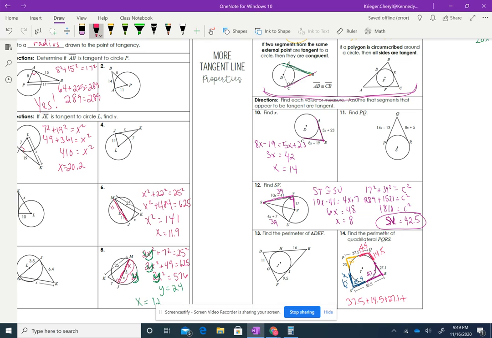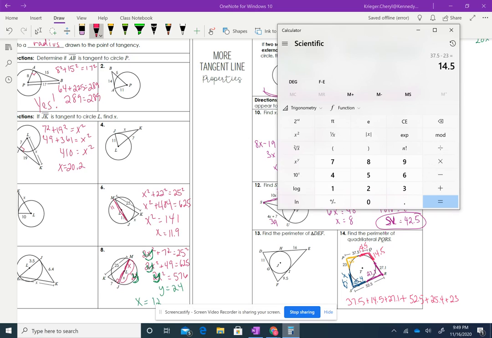SR, they gave us 52.5. And PS, they did not give us. We're going to have to add 25.4 and 23. And that brought us all around the quadrilateral. So I'll add all those things.